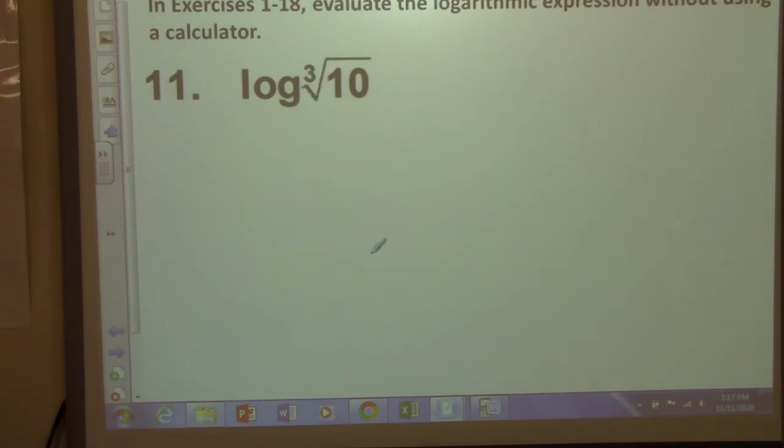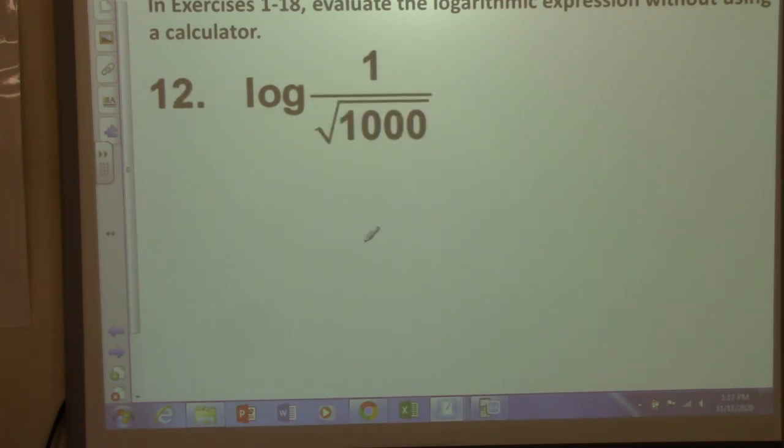And then this one is going to be x equals 1/3, because you can change the cube root of 10 to 10 to the 1/3. So you have 10 to the power of x equals the cube root of 10, which equals 10 to the 1/3 power. Okay, and x is equal to -2/3.